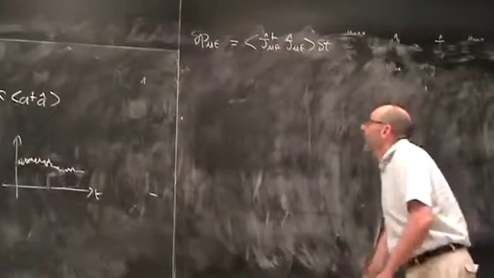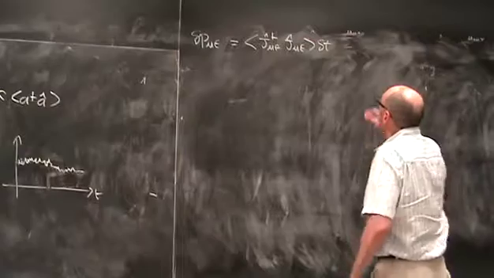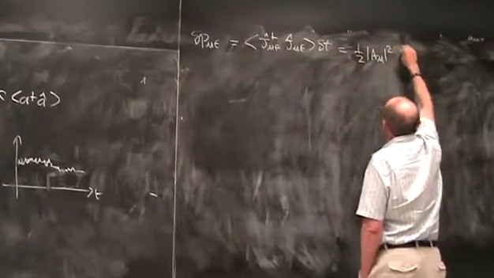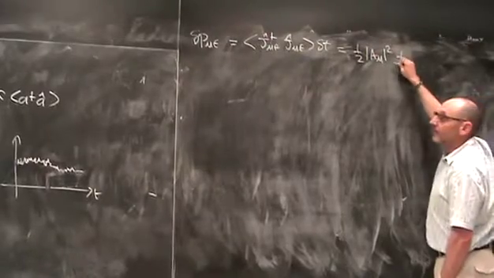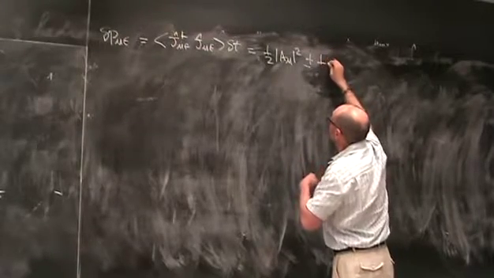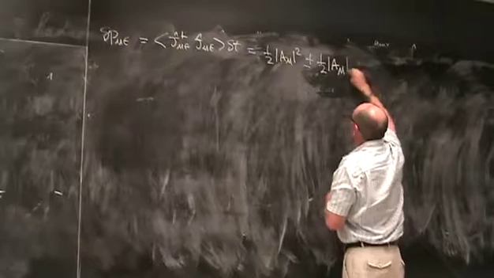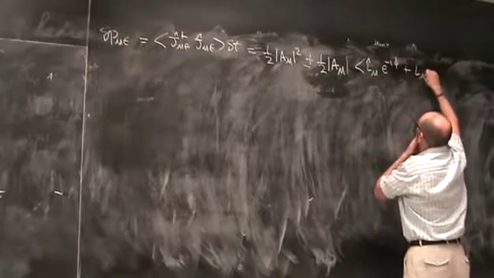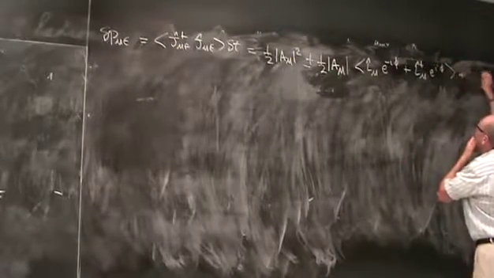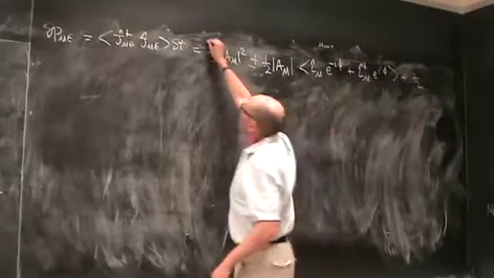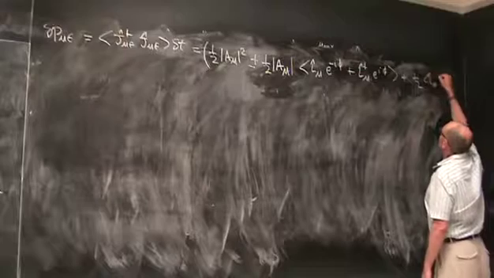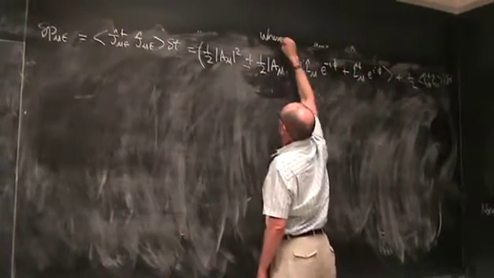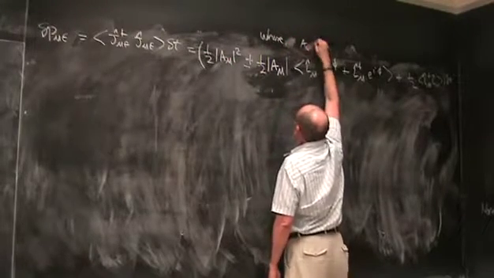that. And that, if we plug in, is equal to 1/2 a mu squared plus or minus a half a mu L mu e to the minus phi plus L mu dagger e to the plus phi plus 1/2 all times dt, where a mu has a phase.